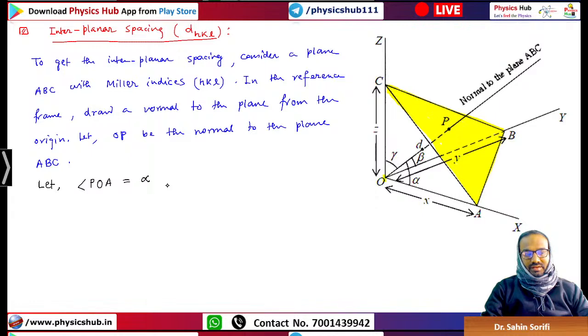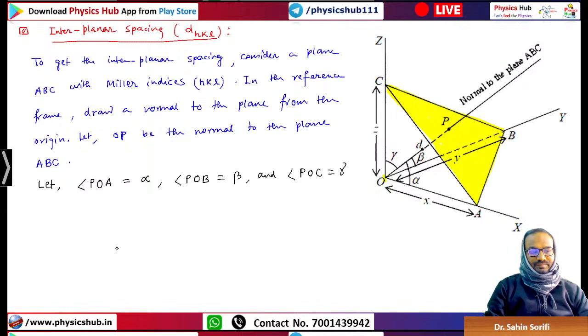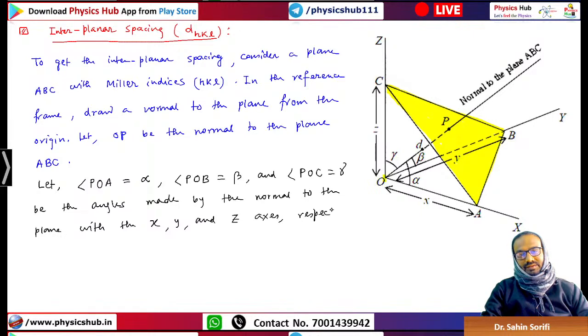Okay. POB is beta and POC is gamma. These be the angles made by the normal to the plane with the x, y and z axis respectively.